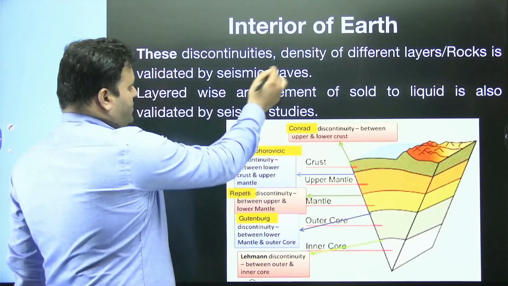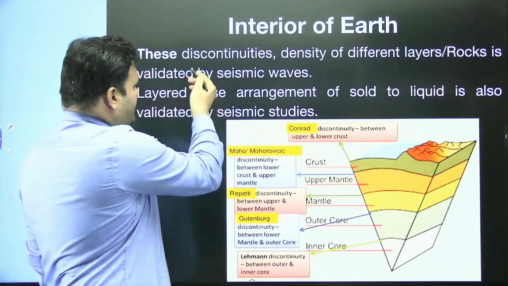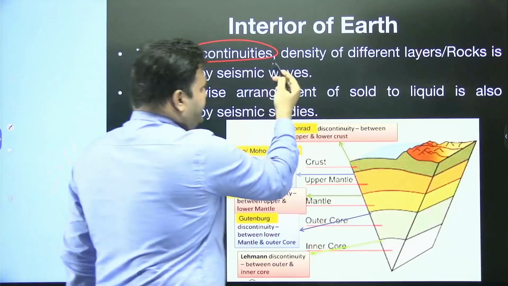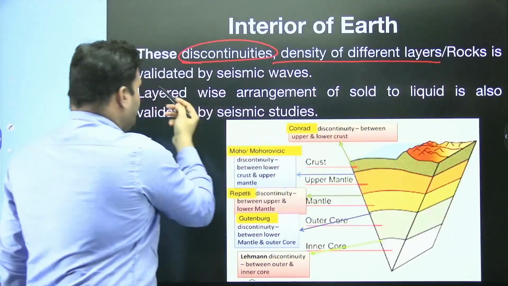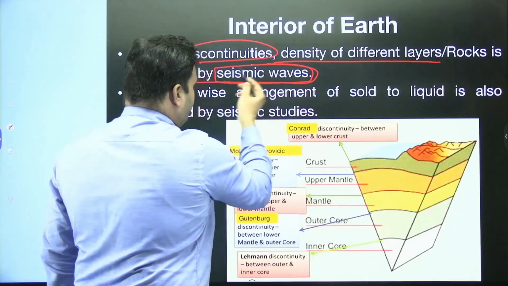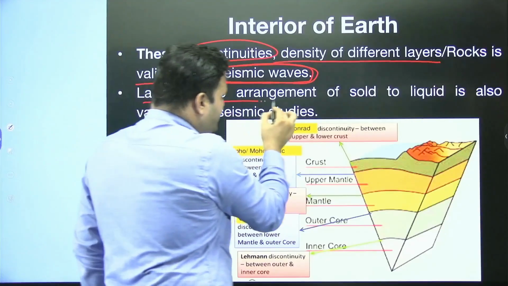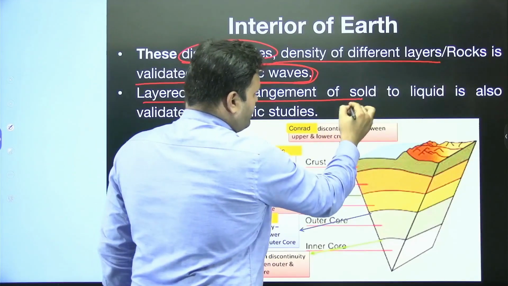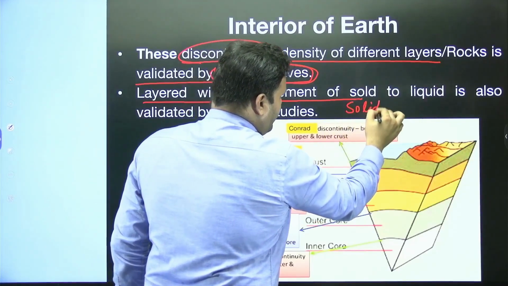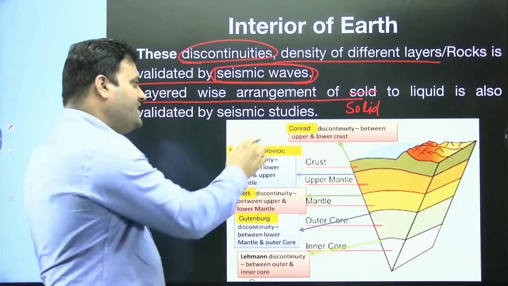Now, here we have had proper discussion about these discontinuities, and the density of different layers and rocks is validated by seismic waves or seismic study. So this layer-wise arrangement of solid to liquid is also validated by what?